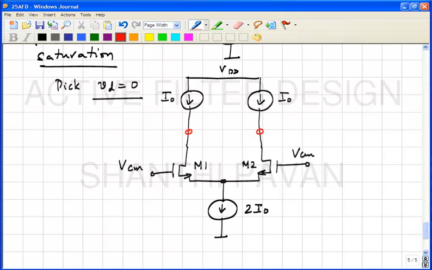Now, because of symmetry, what can we say about these two potentials? They should be the same.